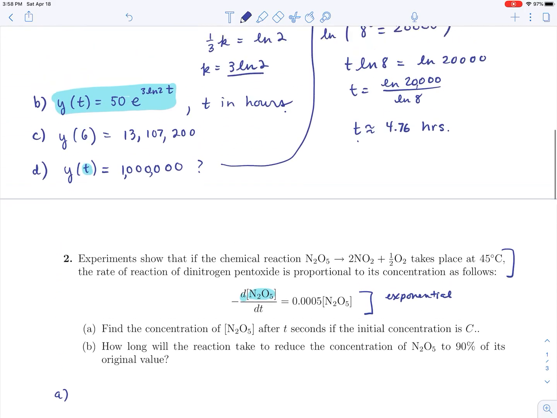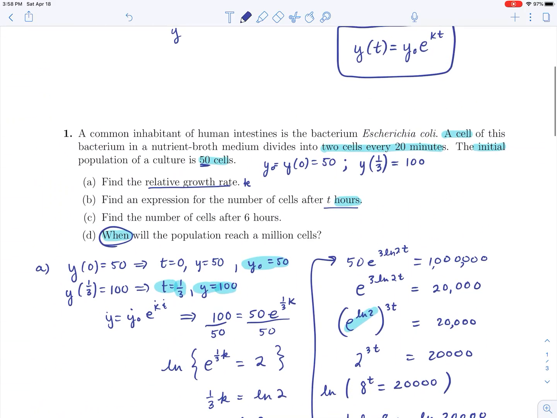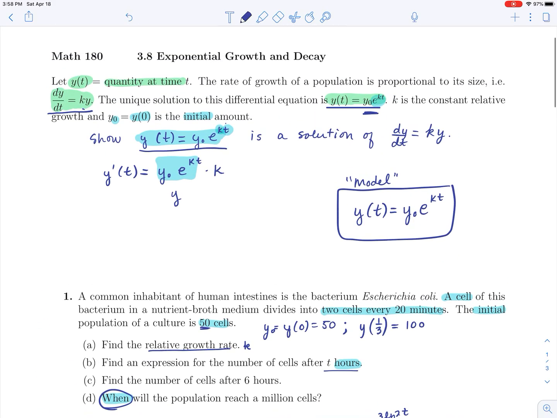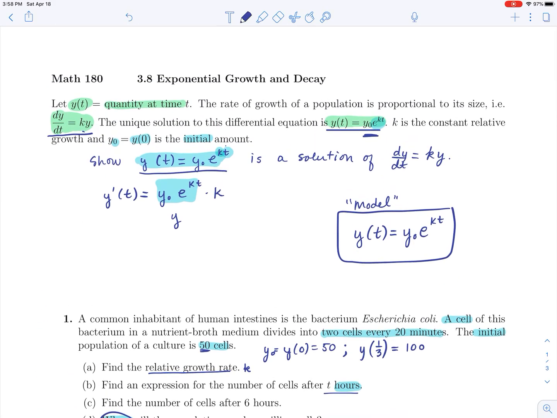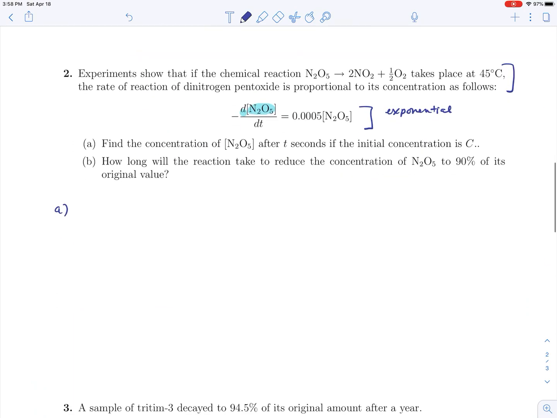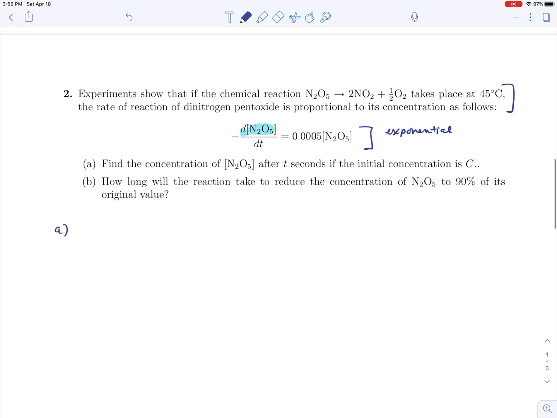If you remember from the very beginning, this statement here, the rate of growth of a population proportional to its size. So that's the same thing going on in this chemical reaction. This is the amount of N2O5, and this is the differential. We just have a negative sign because it's apparently decaying.